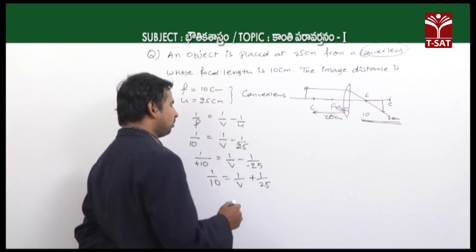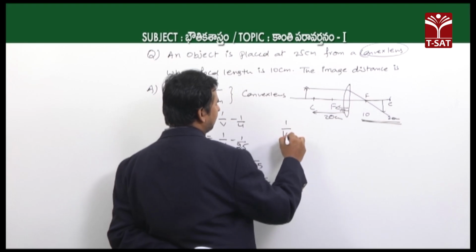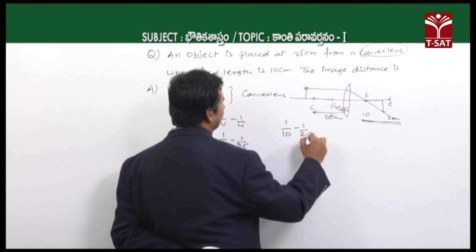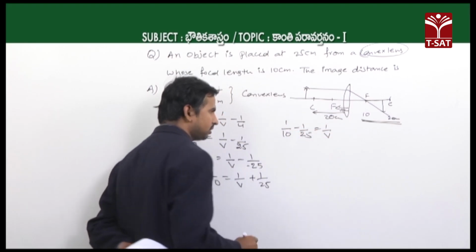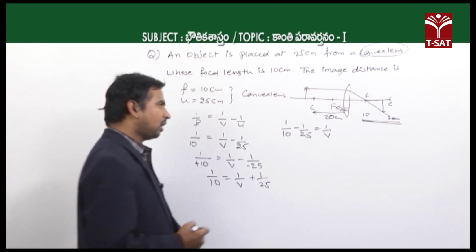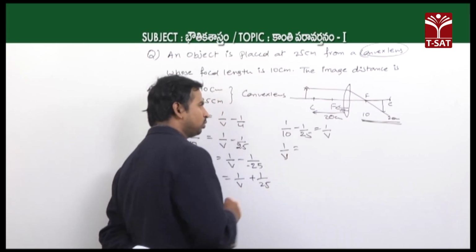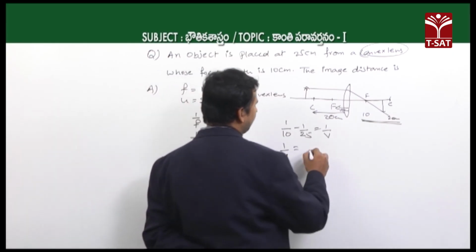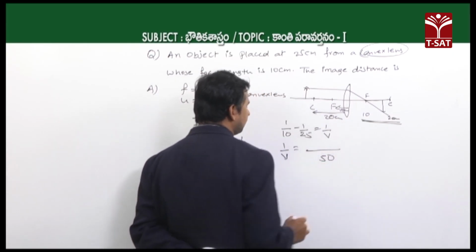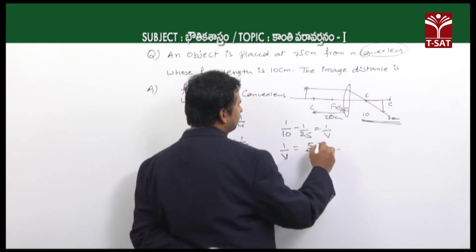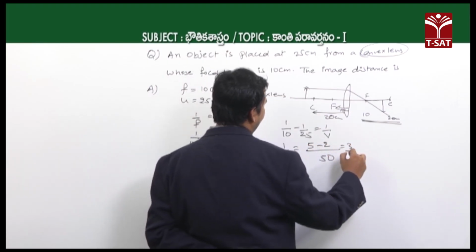Then 1 by 25 coming to this side, it becomes 1 by 10 minus 1 by 25 is equal to 1 by v, that is the image distance. Finally, we take the LCM of 10 and 25, which is 50. Then 5 minus 2 gives 3 by 50.